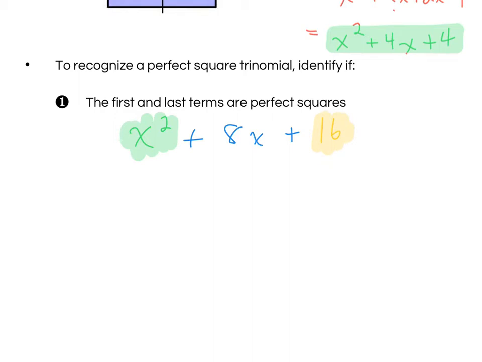And that's assuming, of course, that you've placed it in descending order of degree, as we want to do as part of our regular math convention.